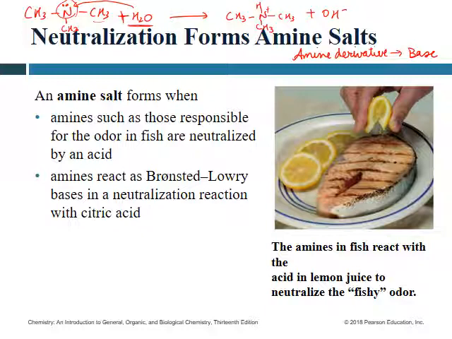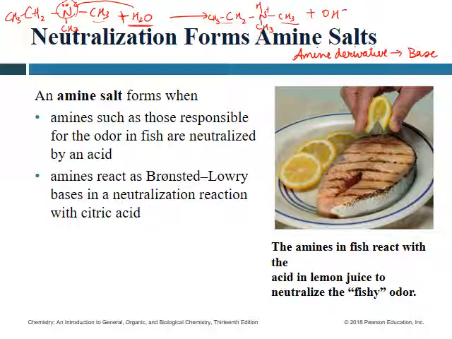You give one more proton to it, convert it into a plus charge, and rest everything else stays the same. I could change this CH3 to CH3CH2, nothing changes. Irrespective of what groups are attached, what matters here is the nitrogen.